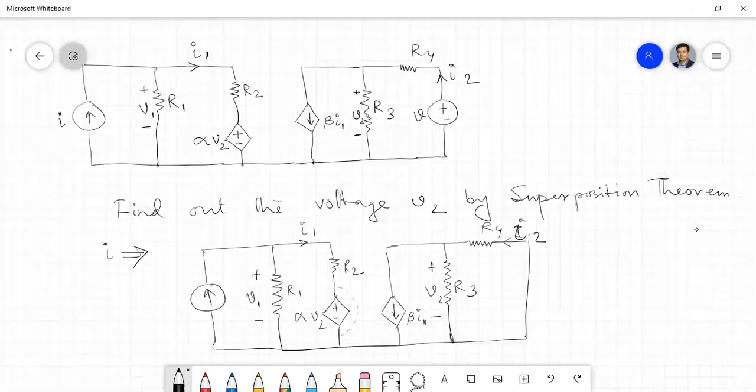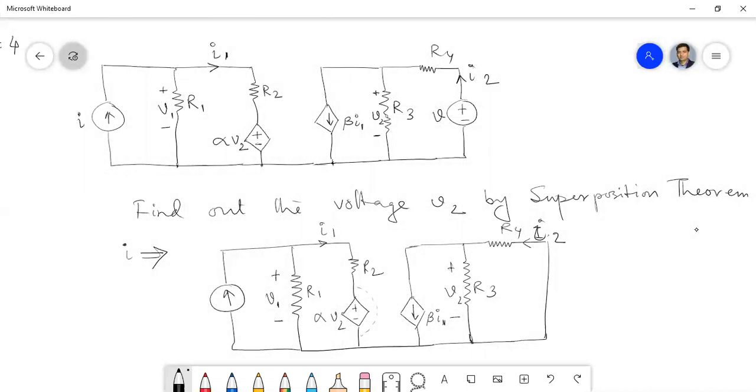You see, in this problem, we have two dependent sources. Suppose this beta I1 is a dependent current source. It depends on another current in another circuit, which is mentioned in the problem as I1.